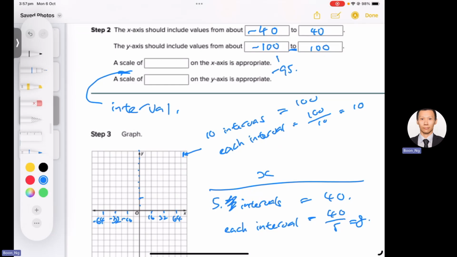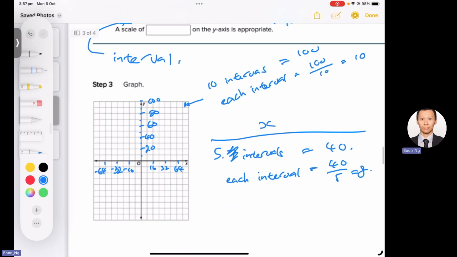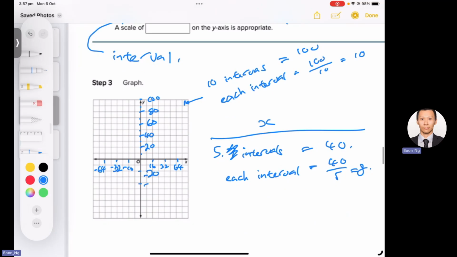Each segment is 10. So I got 20, 40, 60, 80, 100. And we do the same for the negative side: minus 20, minus 40, minus 60, minus 80, minus 100.